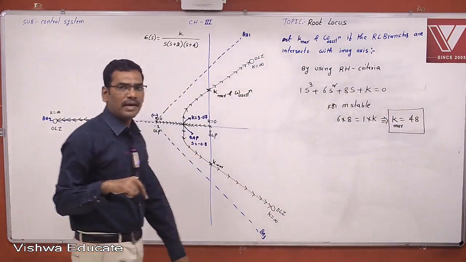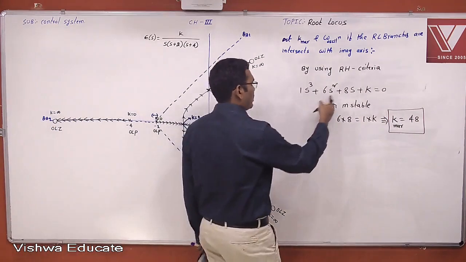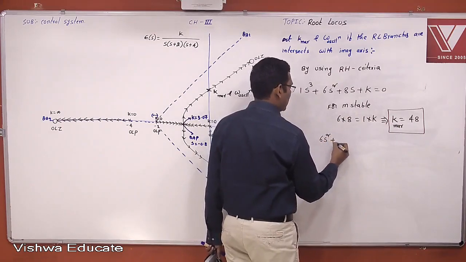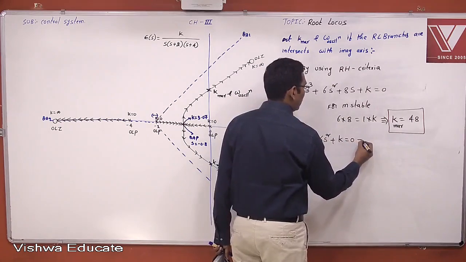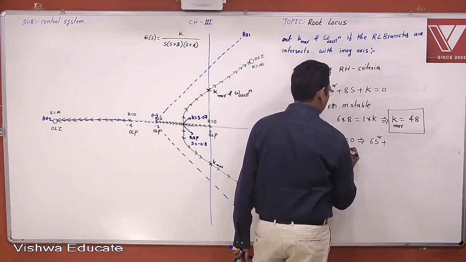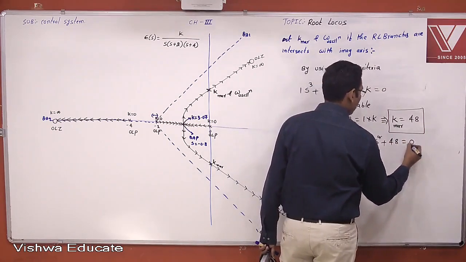If the system is marginally stable, to find the frequency of oscillations, we want the auxiliary equation. The auxiliary equation is nothing but the even power of s term: 6s square plus K equal to 0. With K margin equal to 48, 6s square plus 48 equal to 0.